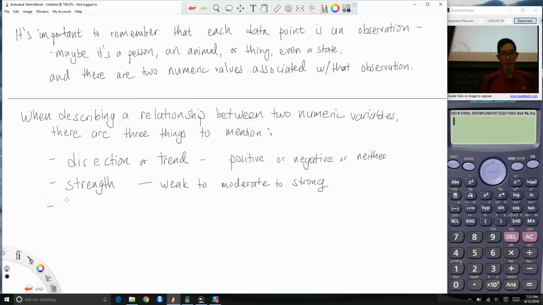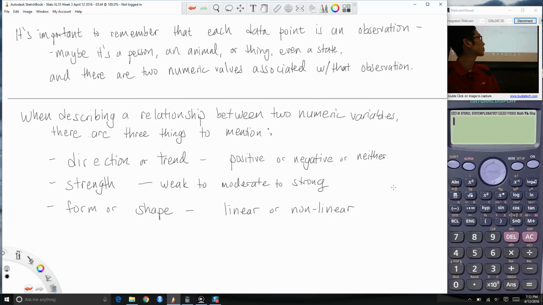Okay, and then lastly, we want to talk about the form or shape. And as far as form or shape go, we would use the words linear or nonlinear to describe the relationship.